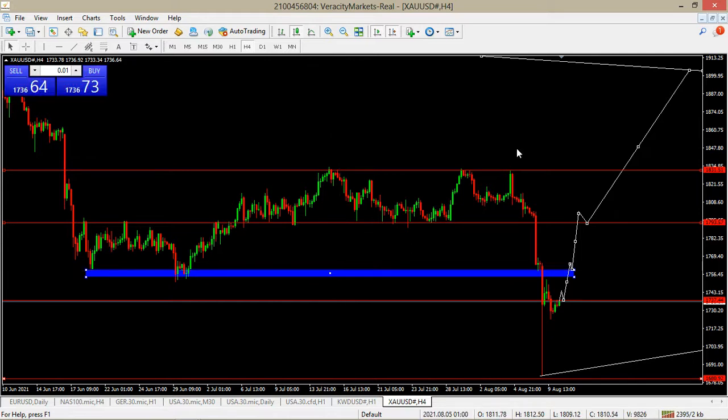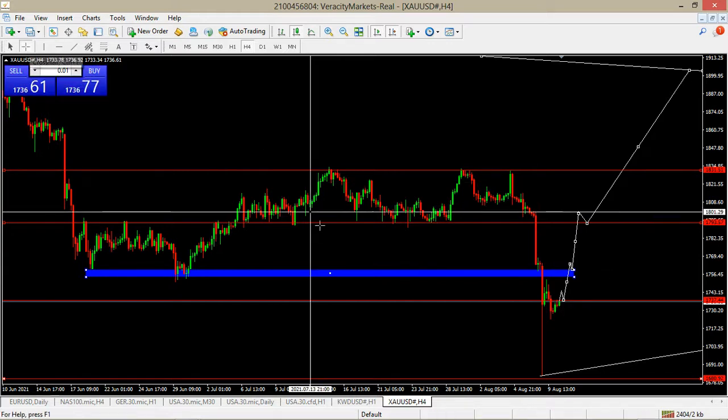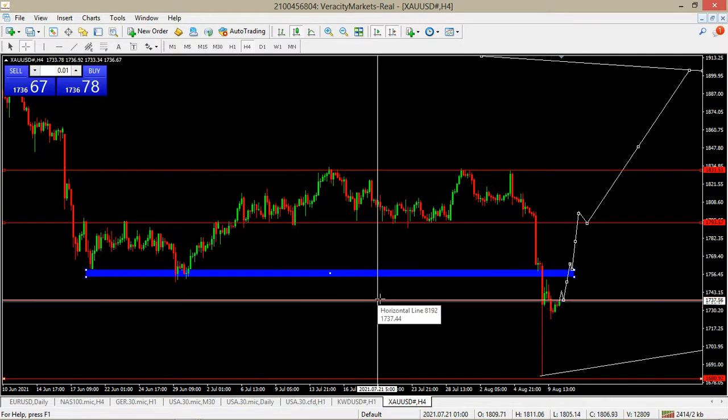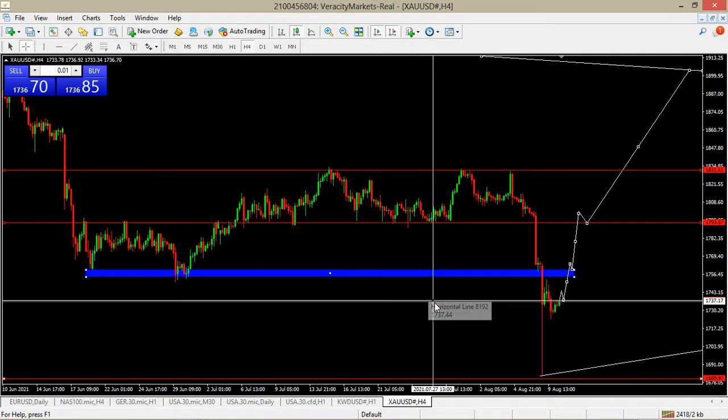For now, people who want to trade gold should be looking for buying opportunities in gold. And remember, you can only buy it after the retest at this level of 1735.96, above it. Once the market retests there, it gives you a buying opportunity.